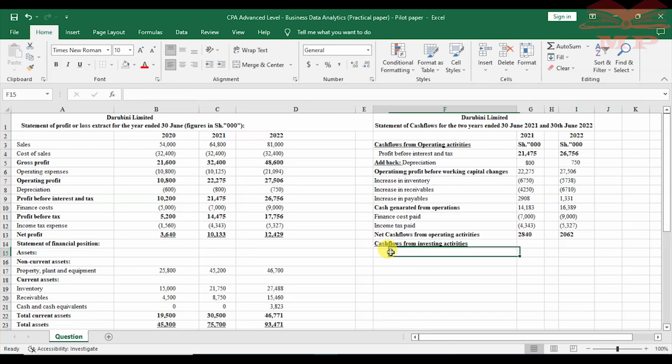And on cash flows from investing activities, of course, we'll be seeing the changes in property, plant, and equipment. Remember, this property, plant, and equipment can only be affected by three things. One, acquisition of new property, plant, and equipment. Two, revaluation of property, plant, and equipment. Three, a disposal of property, plant, and equipment. That is if the PPE has been stated at cost.